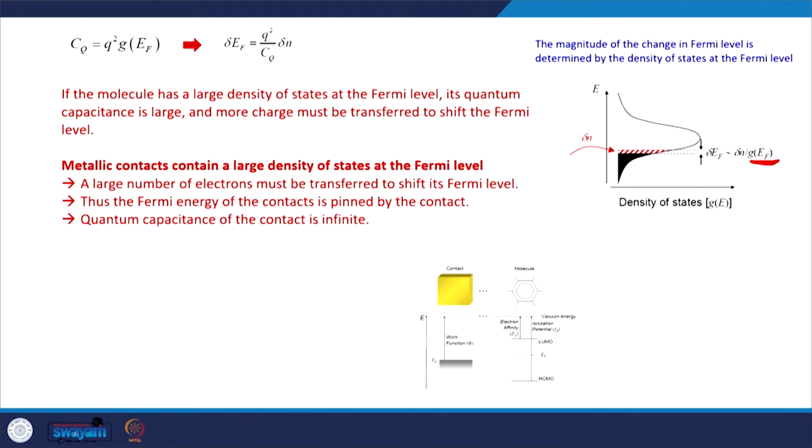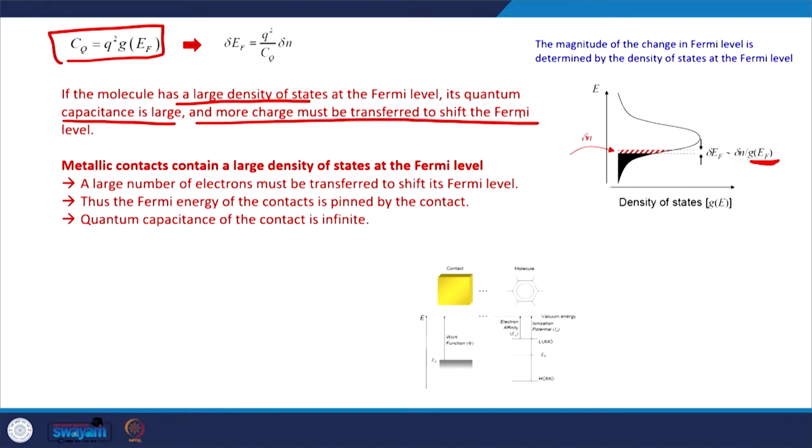Okay. The larger the density of states, the larger the quantum capacitance, because it is directly related to the density of states, and more charge must be transferred to shift the Fermi level. And in metallic contacts, a large number of electrons must be transferred to have this capacitive effect.